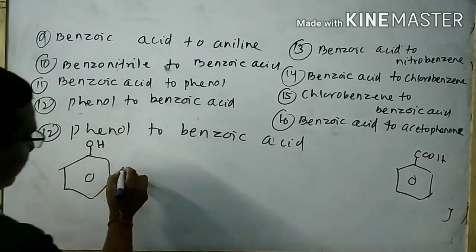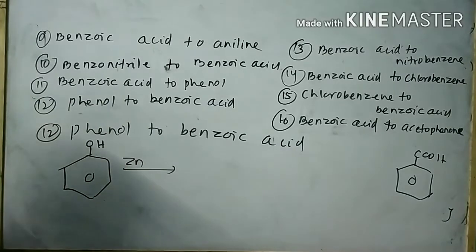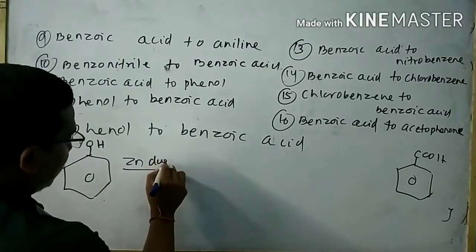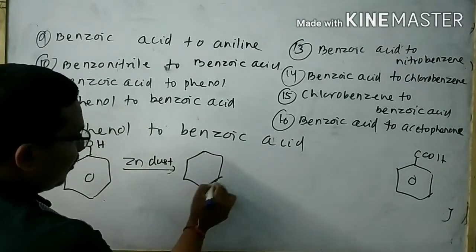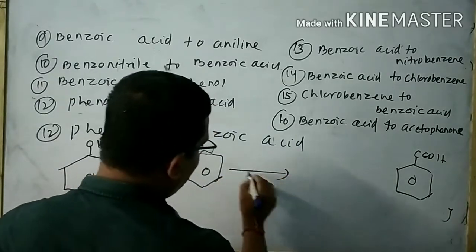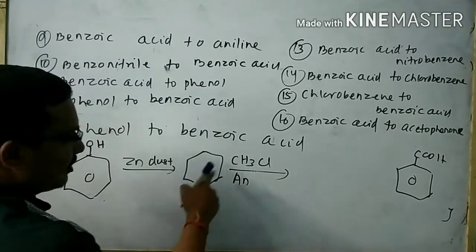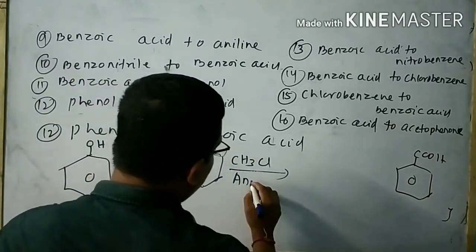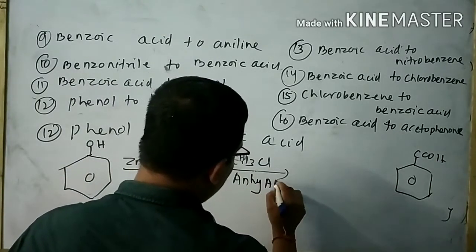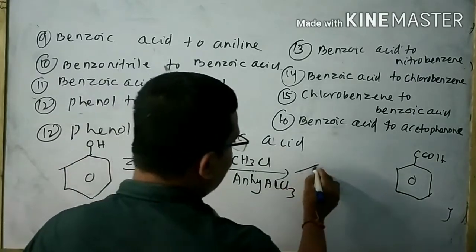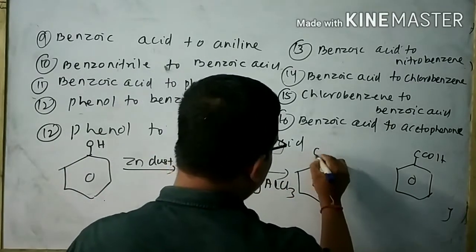At first, phenol is subjected to reaction with zinc dust, then benzene is formed. Now benzene is subjected to Friedel-Crafts alkylation. That means benzene is subjected to reaction with methyl chloride in the presence of anhydrous AlCl3. Then methyl benzene is formed.